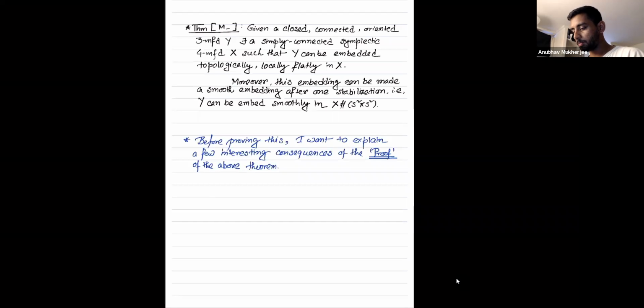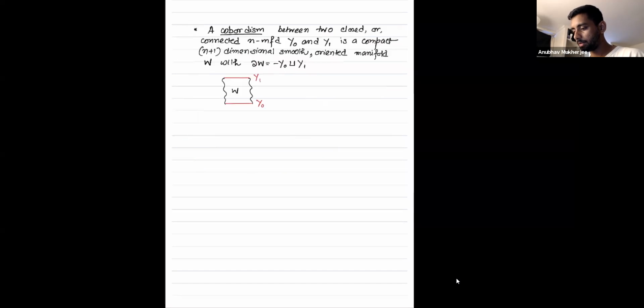Before proving this result, I want to say a little bit about an application of the proof of this theorem.